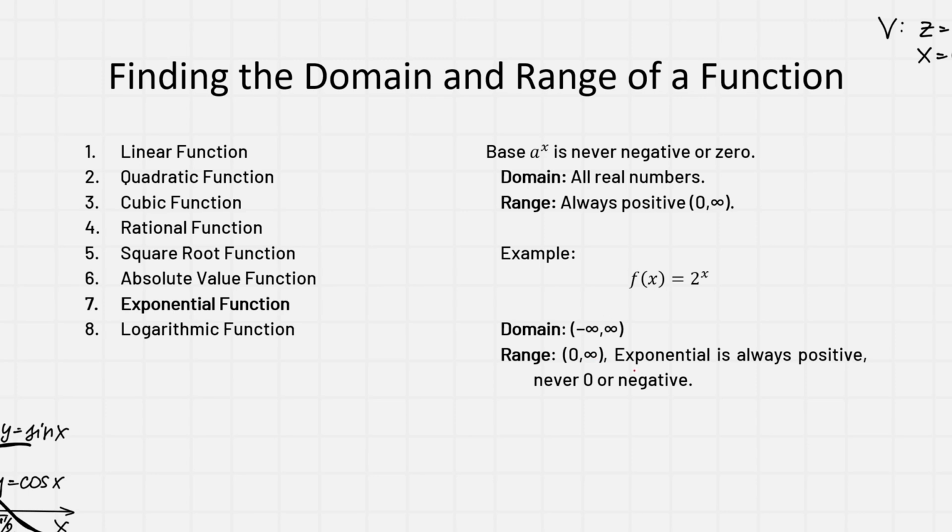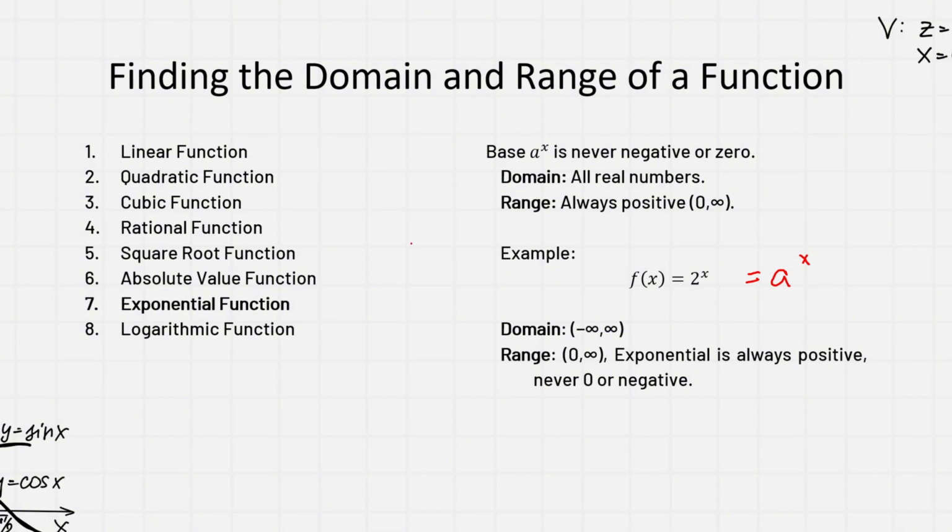We have this example, f of x equals 2 raised to x. As you can see here, this is an exponential function because we have a base, which is 2, raised to x. x is a variable, so it is an exponential function.